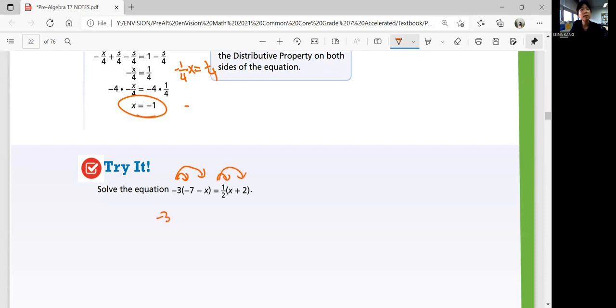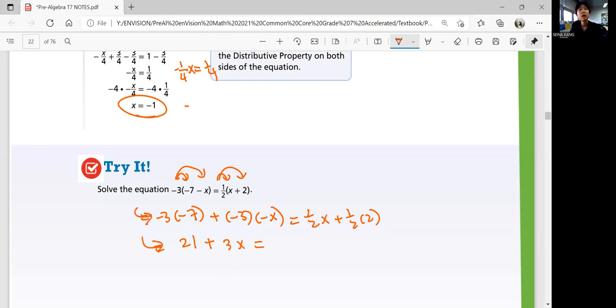Okay, -3 times -7 plus -3 times -x is equal to 1/2 x plus 1/2 times 2. Okay, and you have negative times negative, so that's +21 plus -3 times -x, so that's +3x, is equal to 1/2 x. 2/2 is 1, plus 1.